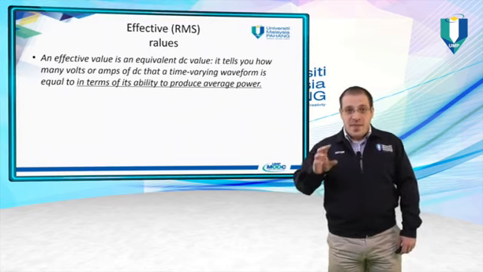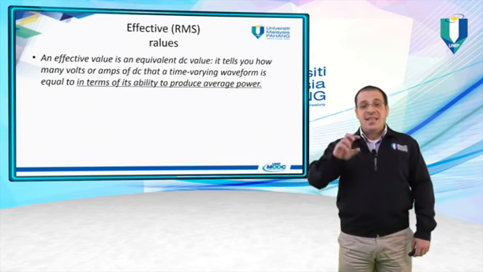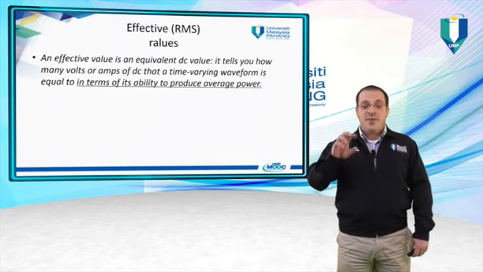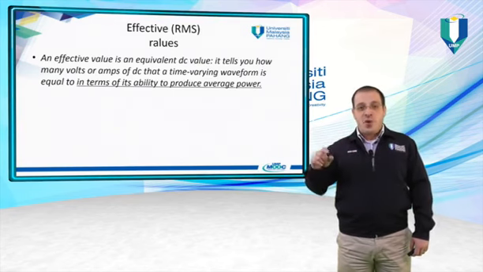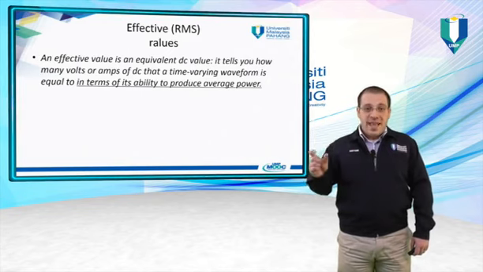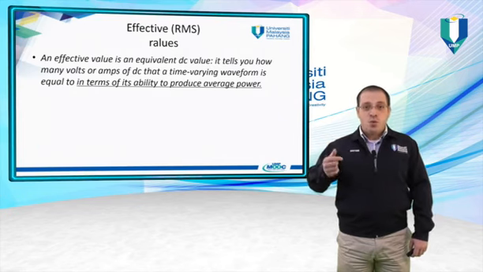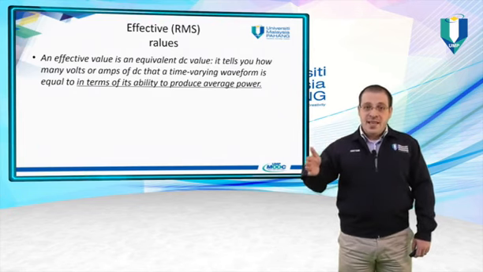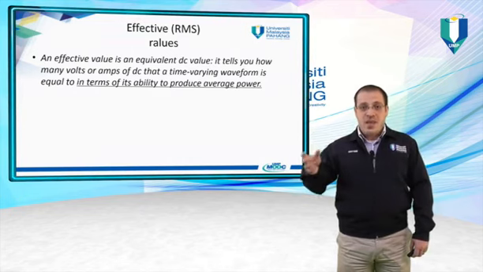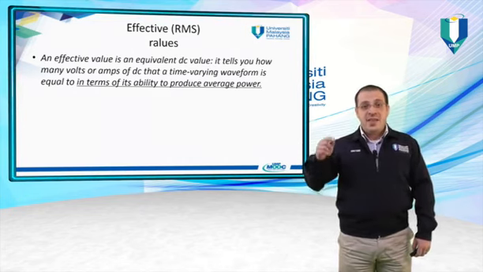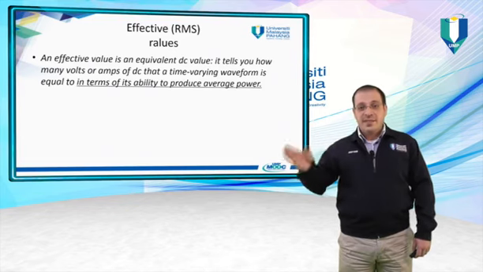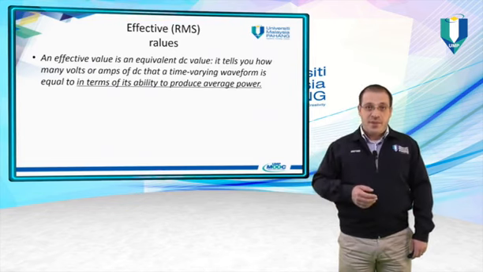In other words, when we say this AC plug is giving 240 volt AC, it means it's giving power equivalent to a similar DC power supply of 240 volt DC. It's giving the same power.